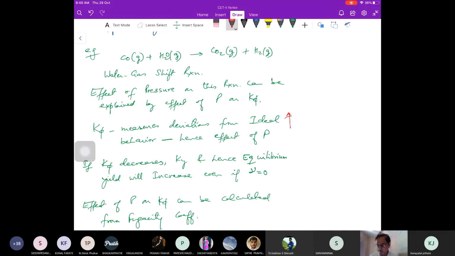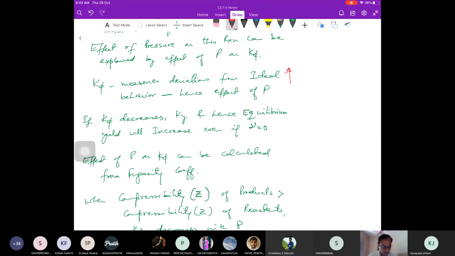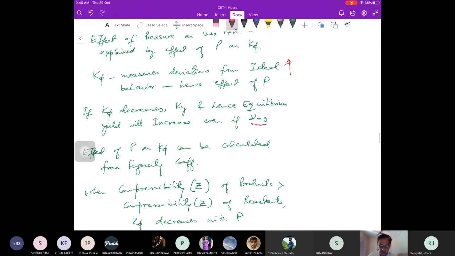At low or reasonable pressures, we can assume K phi is 1, but at very high pressure K phi will have an effect. Okay. So if K phi decreases, Ky will increase, right? And hence equilibrium yield will increase even if nu is equal to 0. So it will not come from nu, but the effect will come because of non-ideality.